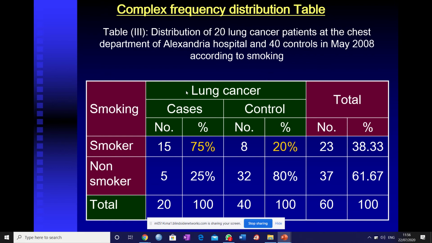Here we have a lung cancer table, with the cases and the control. When we are delivering a research study, let us say that we are using a medicine, we should have a control group where we don't use that medicine, because the most important thing in the health area is which medicine or which method we should use to help our patients.